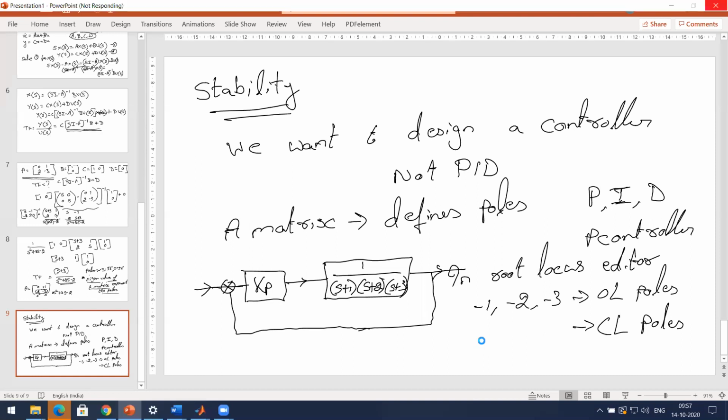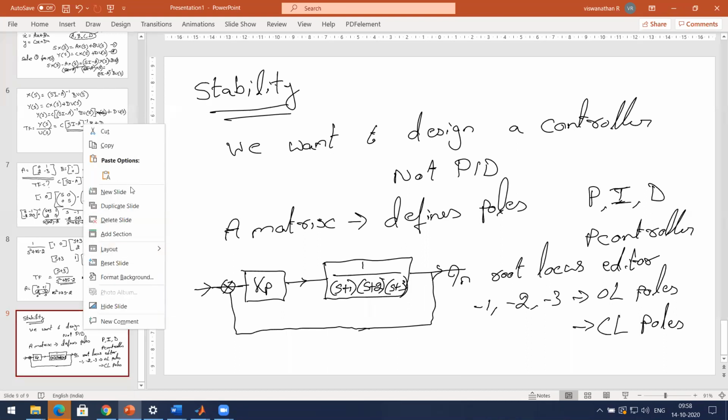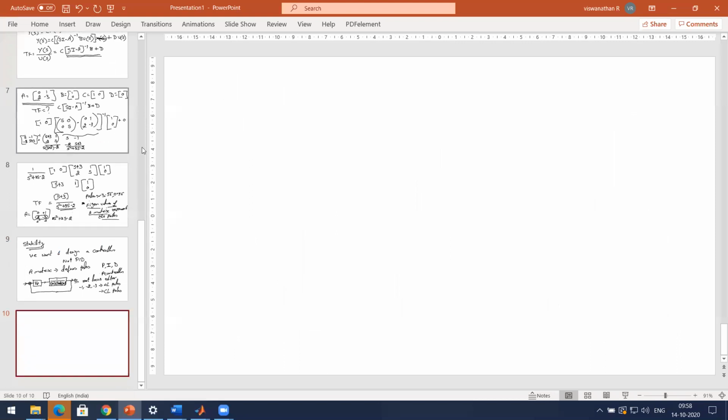So there's a unity feedback, so it still remains the same. Closed loop poles. See, what is a closed loop transfer function equation? It will be kp divided by (s plus 1) into (s plus 2) into (s plus 3).